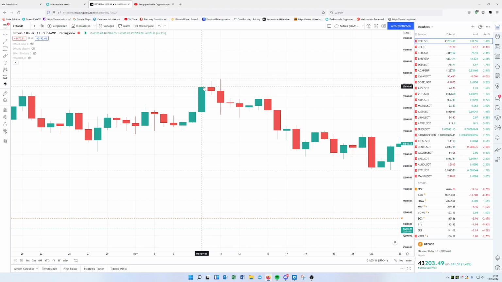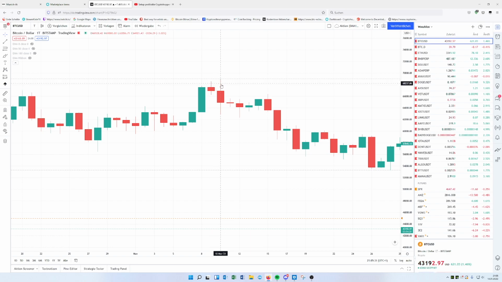There was a peak during the day, but it went down by the end of the day until here. So the full body of the candle is just the start and the end, and here also the start and the end. This was a red one because we went down on this day, so it's a red candle.